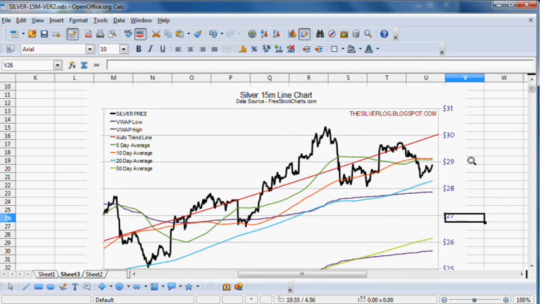So this is what the chart is telling us. Not much happened today. It fell down towards this level at around 28.50. It went a little lower than I thought. I was expecting around 28.75. But regardless, it did manage to find a key bottom at this previous resistance point.